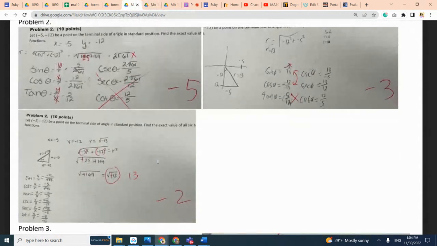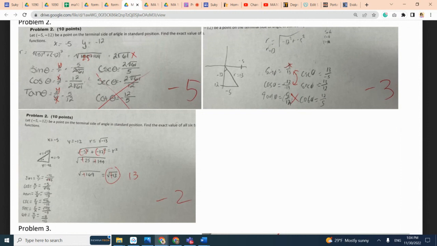So here, 5 squared is 25, not 100. And plus 2. And here, sine is y over r, and the y is negative 12. So that's why it's 12. And here, the parentheses. Don't forget the parentheses.